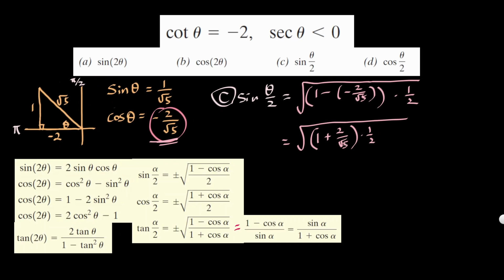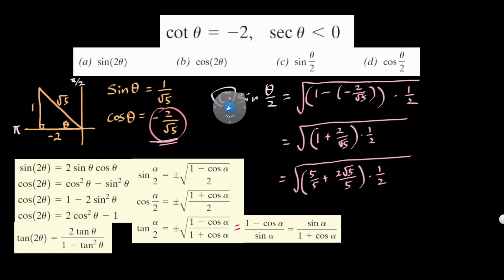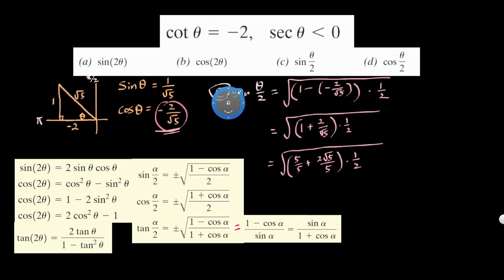Before I combine, let's rationalize the denominator. This one's a little bit more tricky. I'm just going to change 1 to 5 over 5 for now, plus the top one becomes 2 square root of 5 over 5. And then multiply by 1/2. So it's going to be square root of denominator 5, and the top is 5 plus 2 square root of 5.